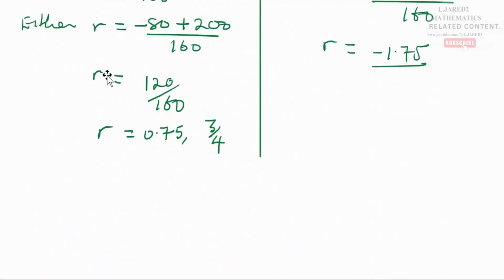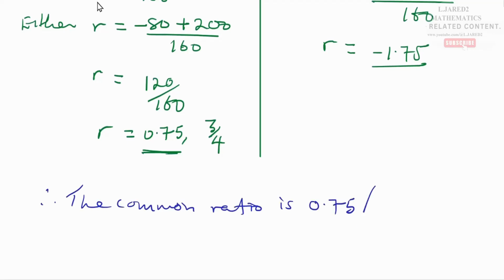Simply it means that the correct one is the one which is positive. We can now conclude that therefore the common ratio is simply 0.75. Rather, somebody can say 3 divided by 4, or 3/4. So this could be our response for that example 7.